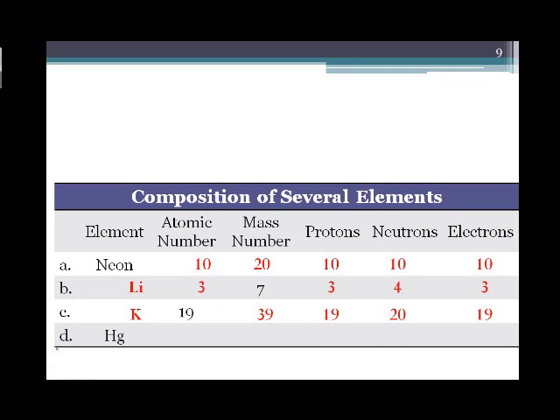Hg is mercury. Mercury has an atomic number of 80. Looking at mercury's atomic mass, it's 200.59. Since we're rounding to the nearest whole number, mercury's mass number is 201. The number of protons is equal to the atomic number.